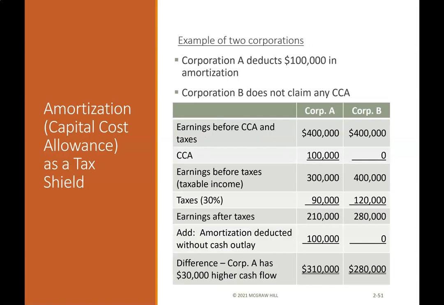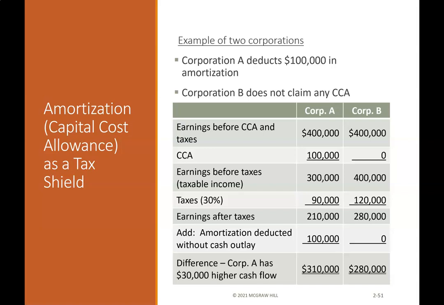Amortization, capital cost allowance, as a tax shield. Example of two corporations. Corporation A deducts $100,000 in amortization. Corporation B does not claim any CCA. So we have our earnings after taxes of $210,000 and $280,000 for Corporation A and B respectively.